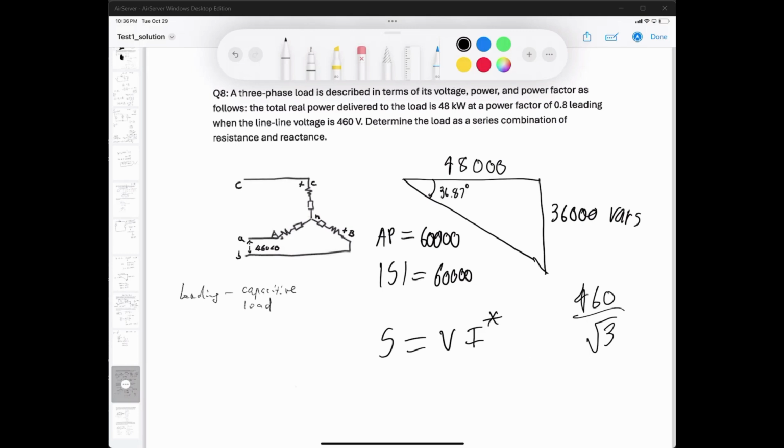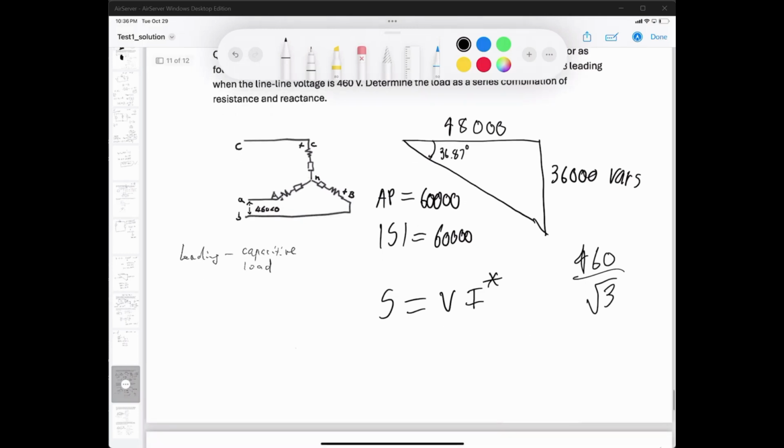When you're converting line-to-line to phase, with either delta or Y configurations, you can visually see whether you need to increase or decrease. And it's always going to be root 3 for current and voltage. So since we're decreasing, 460 divided by root 3.